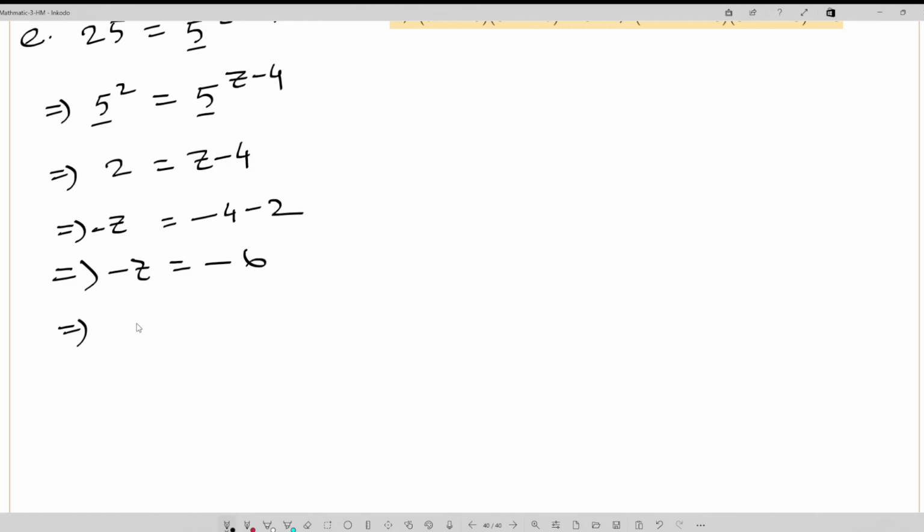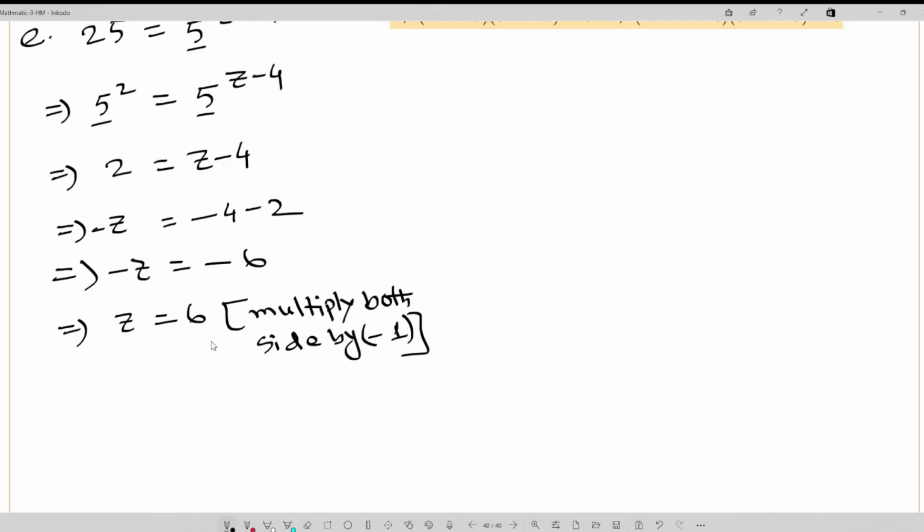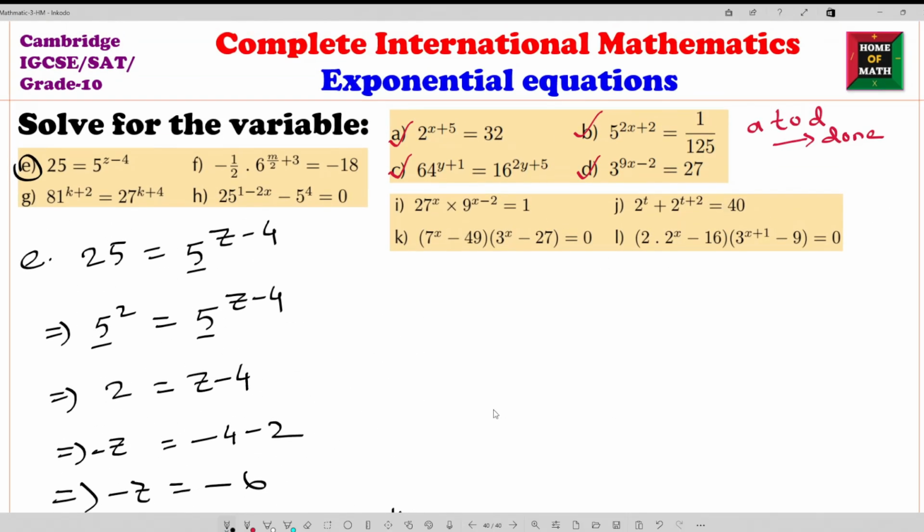If we multiply both sides by minus 1, it will be z equals 6. Okay, our answer is z equals 6. So number E done. Now number F.